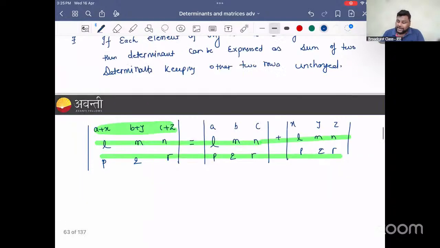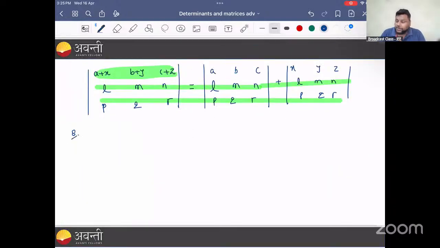And now the eighth property, which is very, very important, which is, I should say, the jackpot property in this overall scenario.